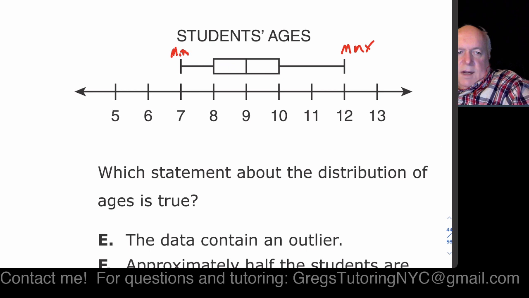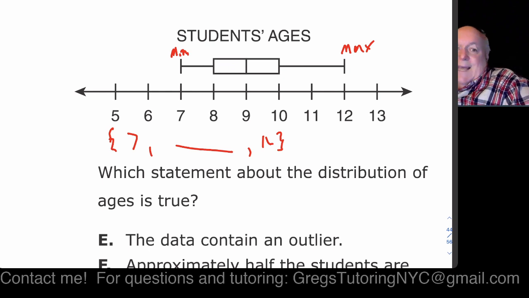Okay, so for argument's sake, if this is turning out to represent a bunch of ages, the set of data, the lowest number is going to be 7, and the highest number is going to be 12. Now if you guys know about your points of center, your central tendency, many of you also know about things like the range.